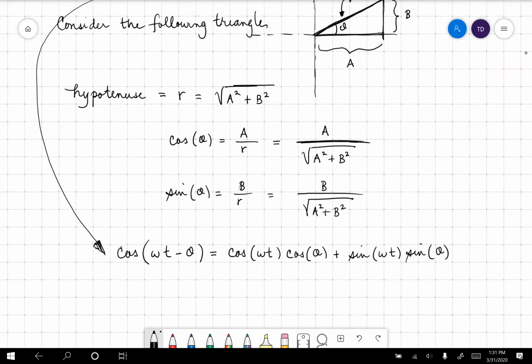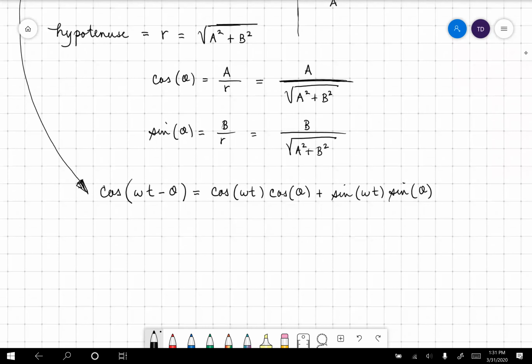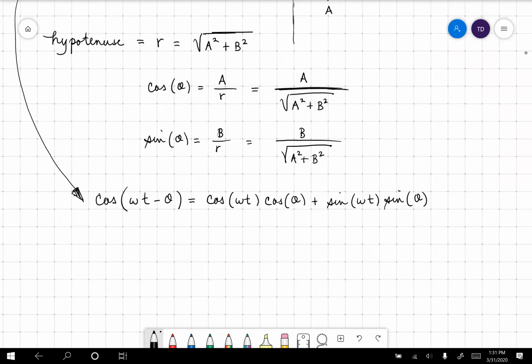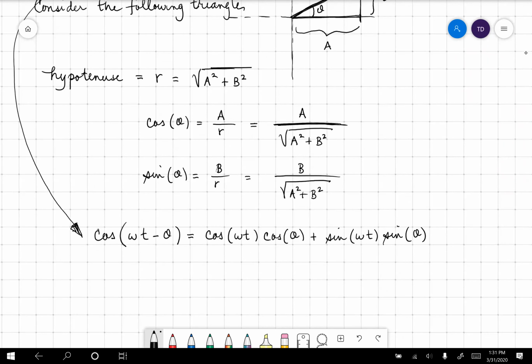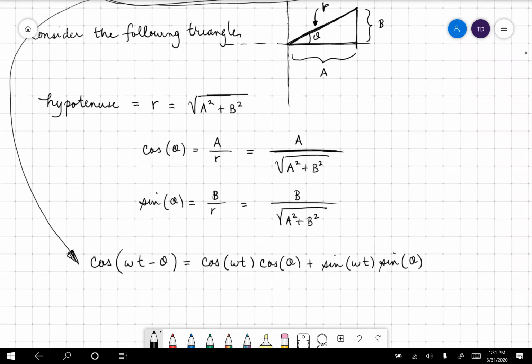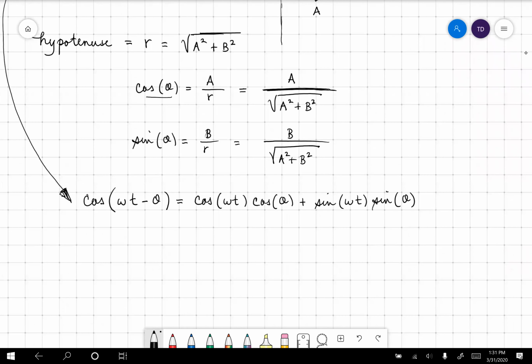Great. Now, for this theta that I have described here in this triangle, I have this information about the cosine and the sine of theta. So let's utilize that information. So we have cosine of omega t minus theta equals. Now I'm going to write this term first. Same thing here. Why? Because it's a constant. I want to get the constant out in front of the cosine.